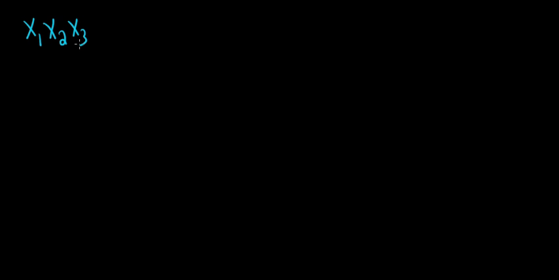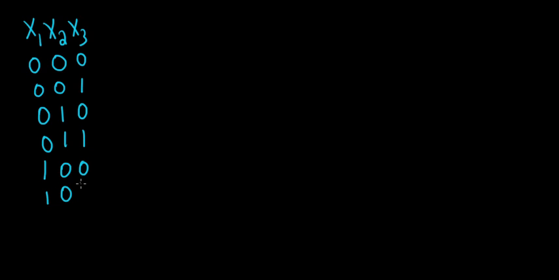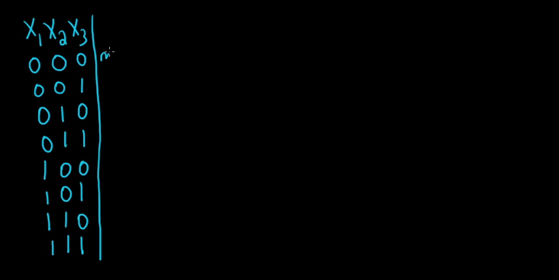It's working now. So we have the three inputs x1, x2, and x3. Obviously in the truth table you need to do all combinations. So you get 000, 001, 010, 011, 100, 101, 110, 111, which represent the minterms M0, M1, M2, M3, M4, M5, M6, and M7.